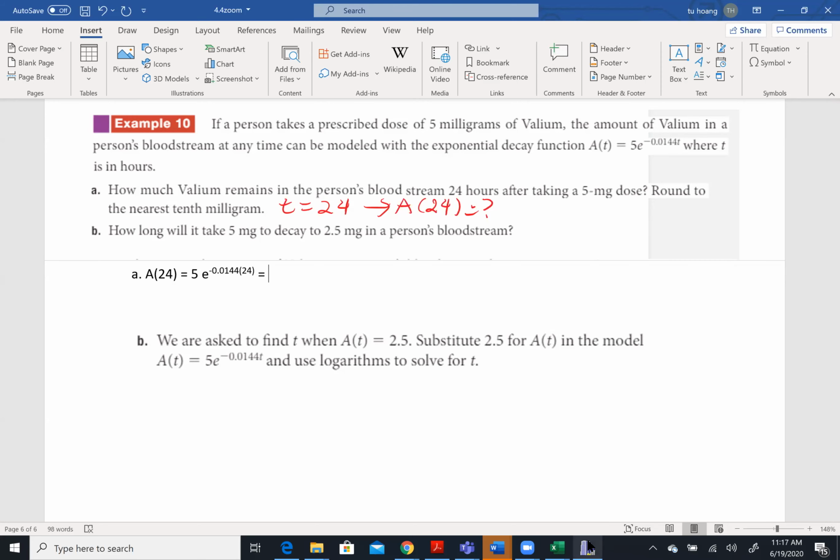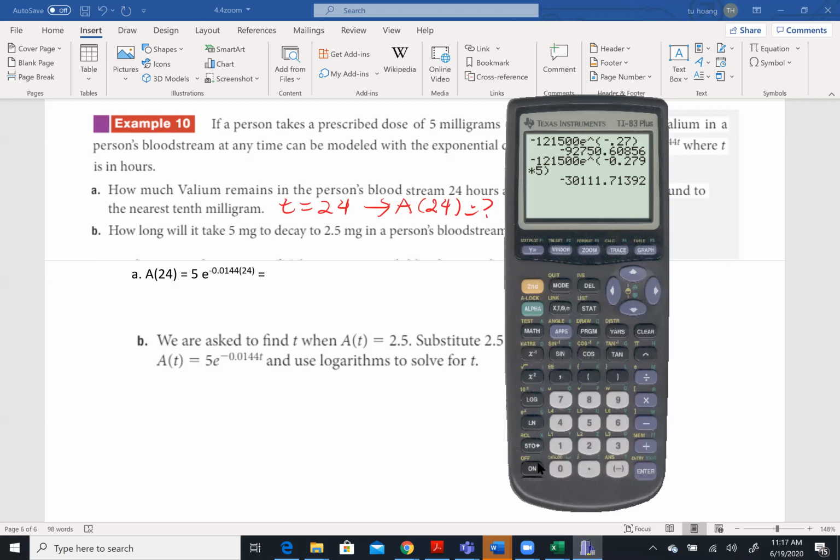So 5 times e to the power, parentheses, negative 0.0144 times 24, and close parentheses.